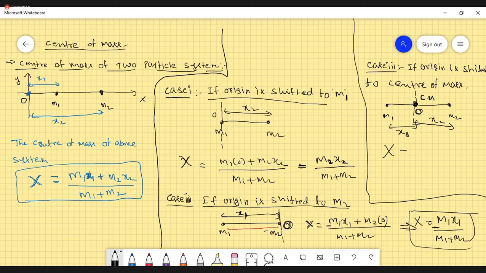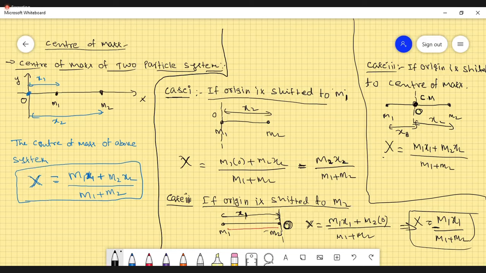Why is it 0? Because the origin is at center of mass. Therefore, center of mass equals 0. What is the formula for center of mass? X equals to m1 x1 plus m2 x2 divided by m1 plus m2.